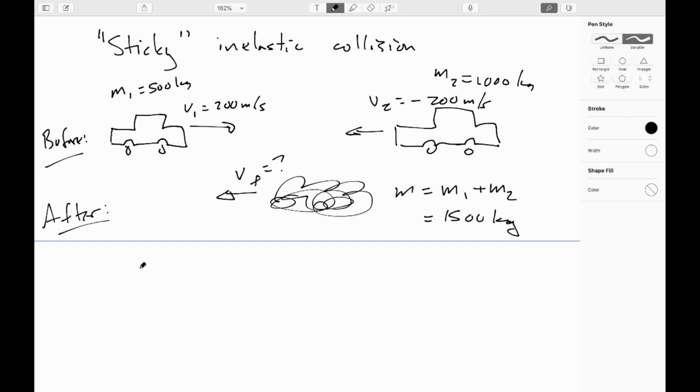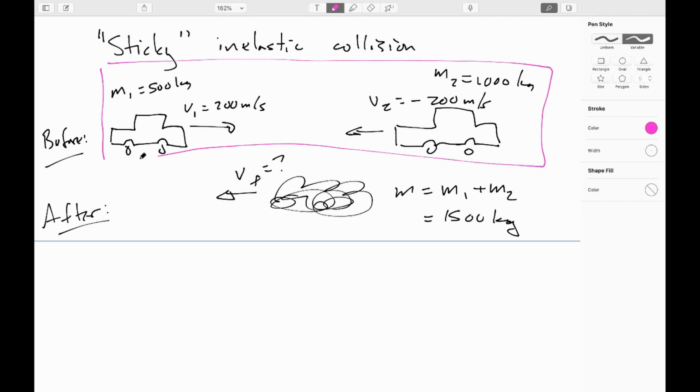Well, here's what we can do. You ask yourself, is there a way that I can put the two objects I care about, because when they collide, there's going to be horrendous contact forces I don't know how to model. I need to make them internal. Can I make them internal? Yes, you can, by cleverly defining your system to be the pair of those.